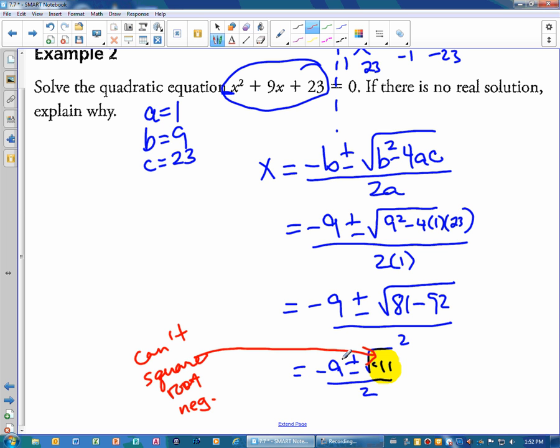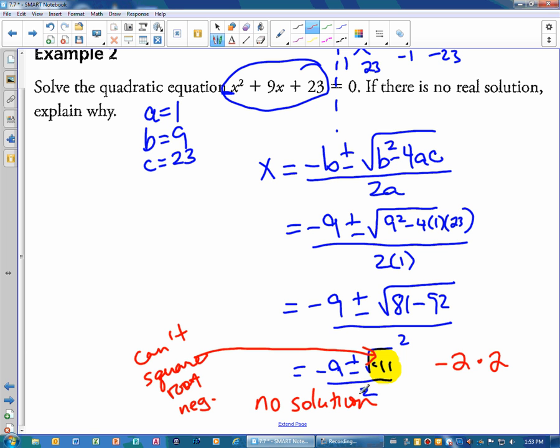Two positives are positive, two negatives are positive, and a positive number and a negative number do make a negative, but that's not times itself. Like negative 2 times positive 2 isn't a number times itself. The only way that you can get a negative number is you multiply two numbers that aren't the same. So because we can't square root a negative number, we have no solution.